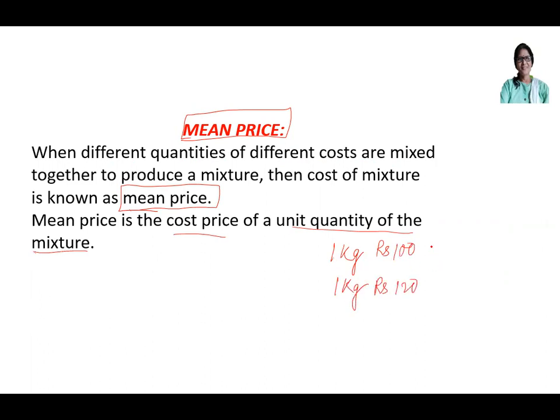Now the question is at what ratio I will mix them so that I can sell it at ₹110 or ₹130 or ₹118, so that I will have some profit. So mostly this concept is used for business or commercial mathematics.